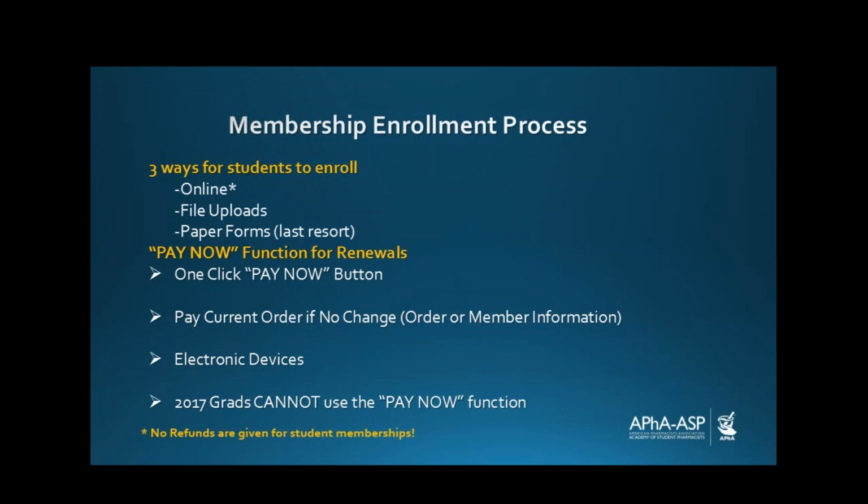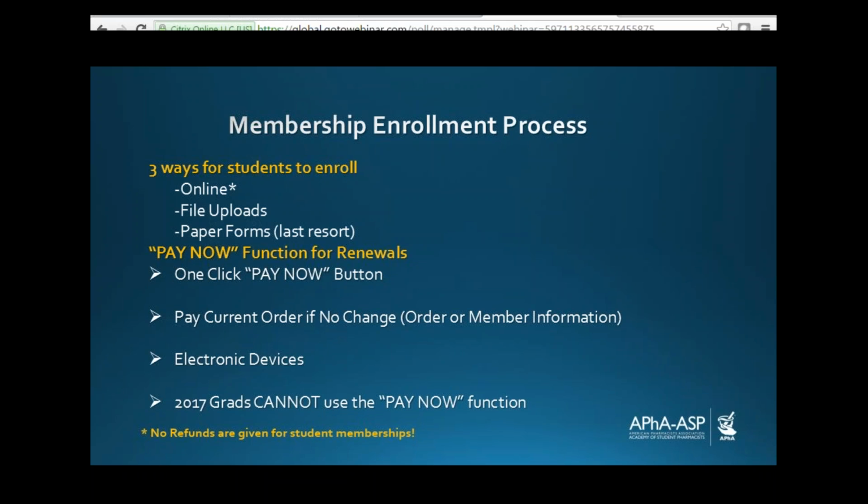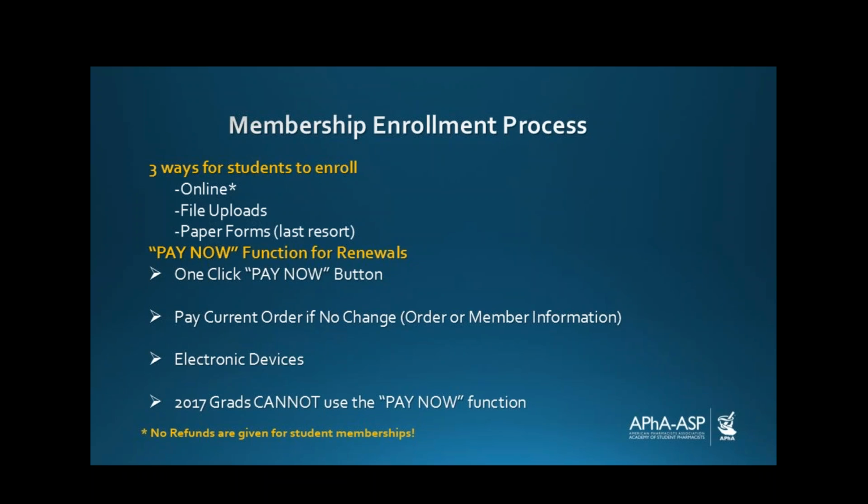And as you see here, we have paper forms as the last resort. Of course, we do not want you to use the paper forms, but if a student is having problems trying to enroll online, we do want you to offer them the paper form because we don't want you to lose that member.